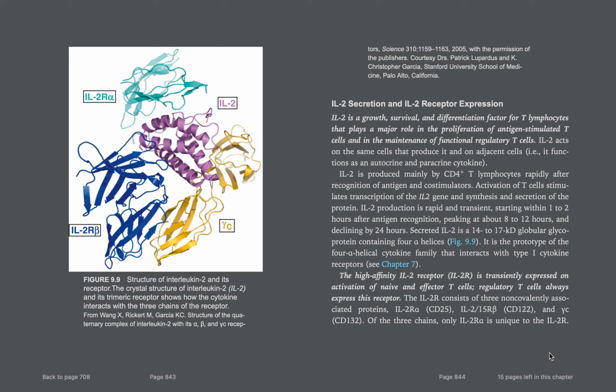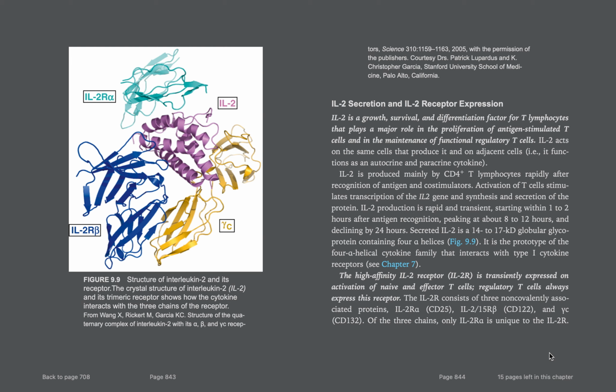Interleukin-2 acts on the same cells that produce it and on adjacent cells. This is the function of autocrine or paracrine cytokines. Interleukin-2 is produced mainly by CD4 T lymphocytes rapidly after recognition of antigen and costimulators.